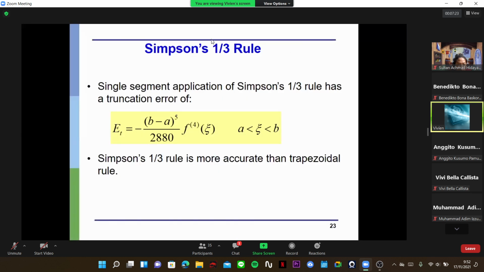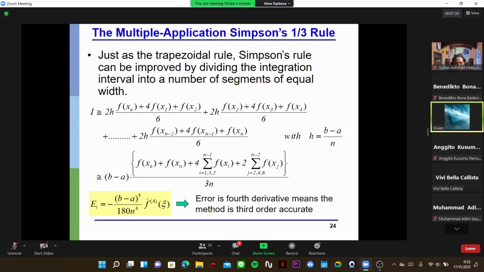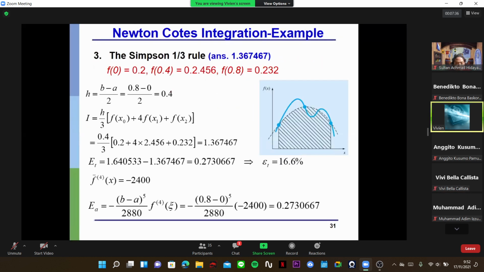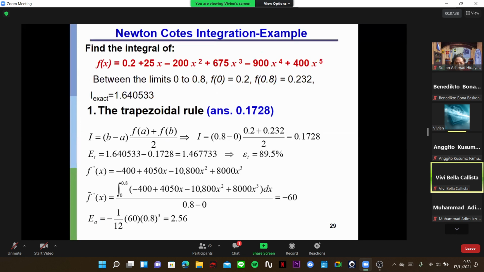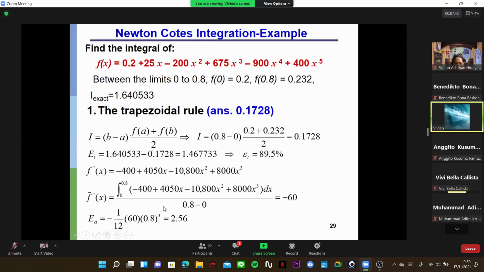Okay, is this the slide that you mean? Yes, ma'am, but the example one. Oh, the example here. Yes.